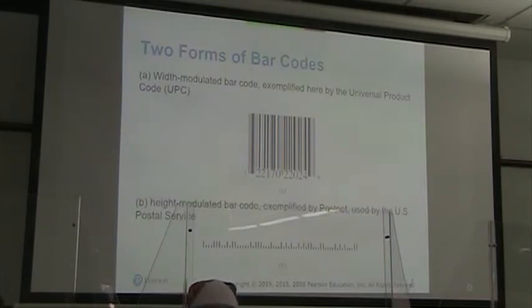But you read it by, if a bar is tall, it is read. If it's short, it is left out as not being part of the number. So the first number here would be 6, I believe, on that barcode.